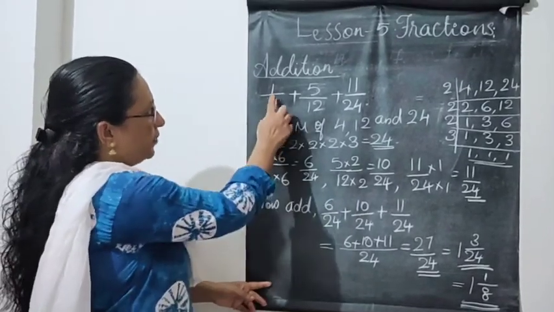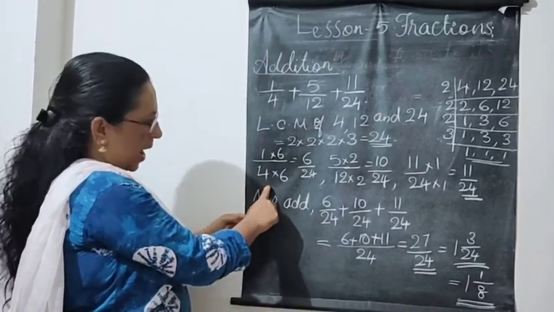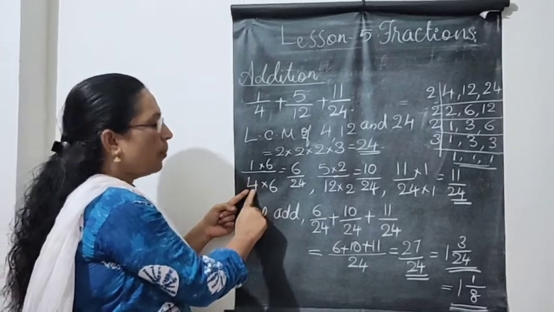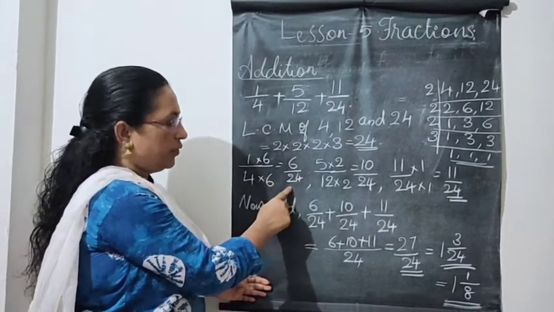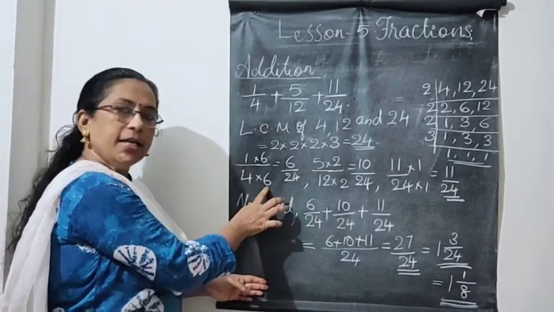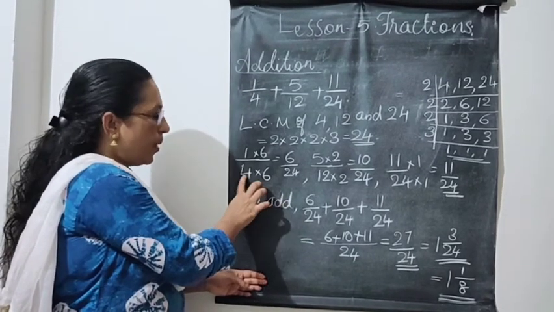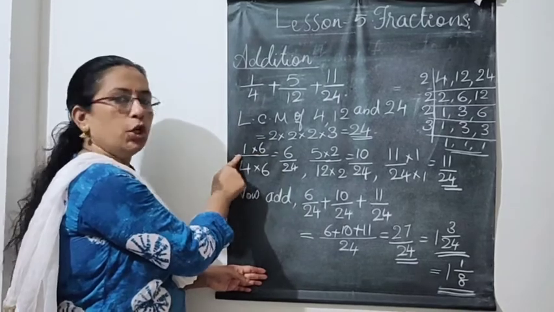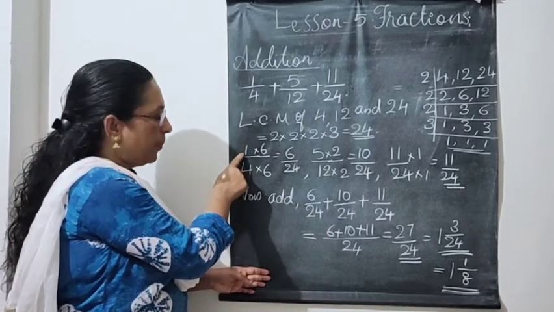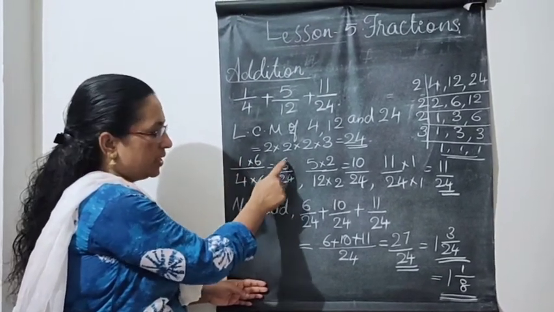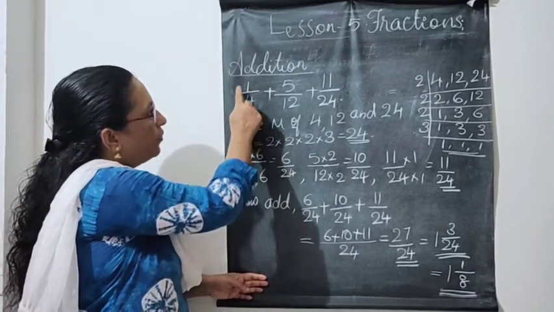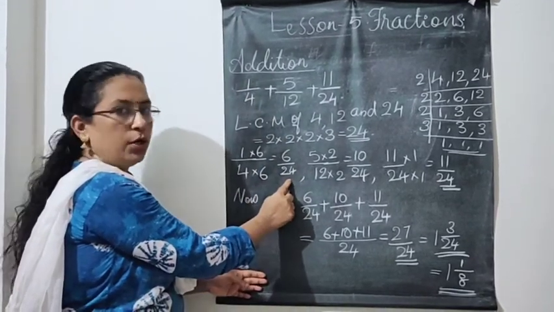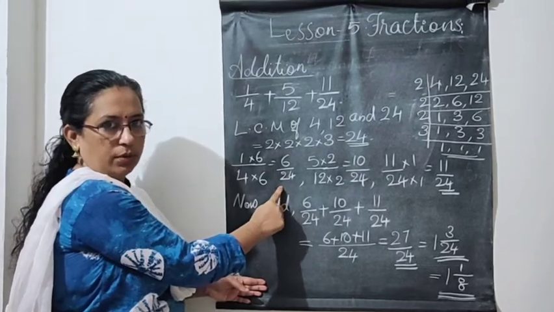Carry down the first fraction 1 by 4 and then check: 4 multiply which number is equal to 24? 4 multiply 6 is equal to 24. The same number we have to multiply with the numerator, that means with 1. 1 times 6 is 6. Now instead of 1 by 4 we have a new fraction 6 by 24.